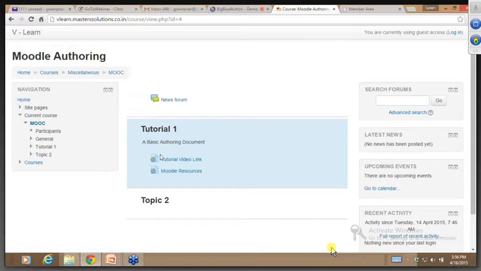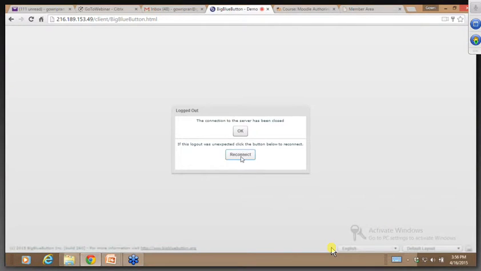Interactions need not be limited to email. They can use collaborative tools wherein you can take it to the next level. There is another tool, BigBlueButton, a collaborative tool which allows both audio and video to connect a group of people.